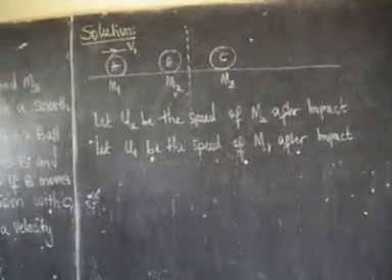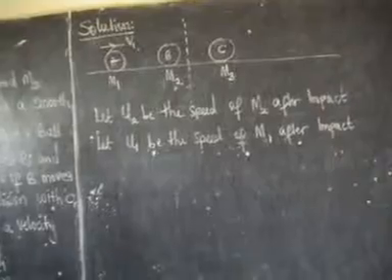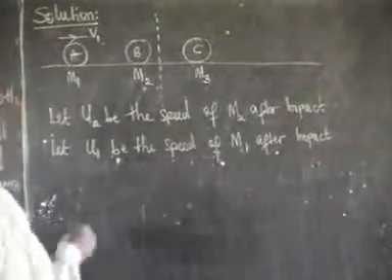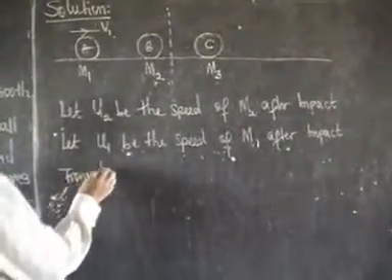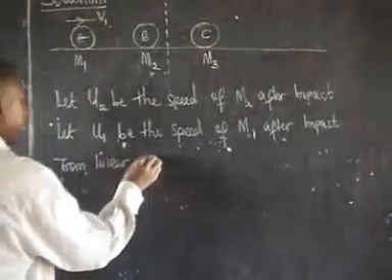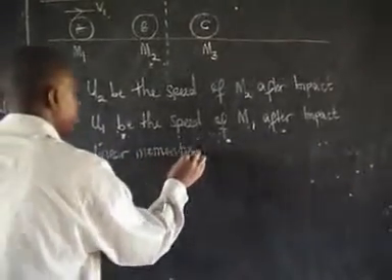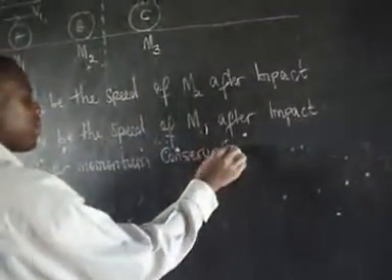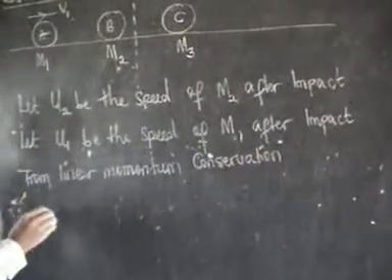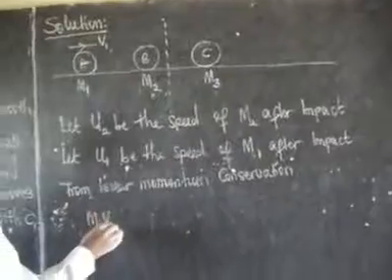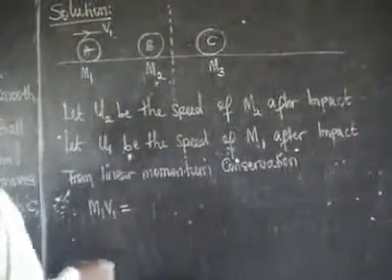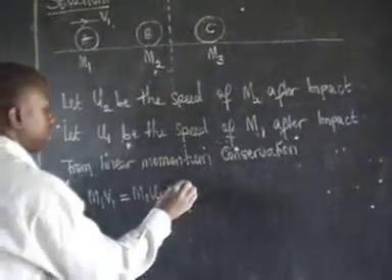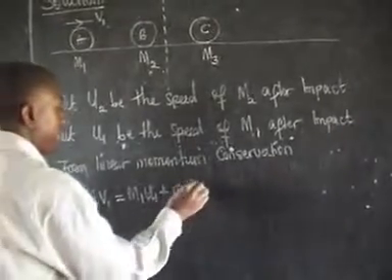then from linear momentum conservation, we shall have M1 V1 is equal to M1 U1 plus M2 U2.